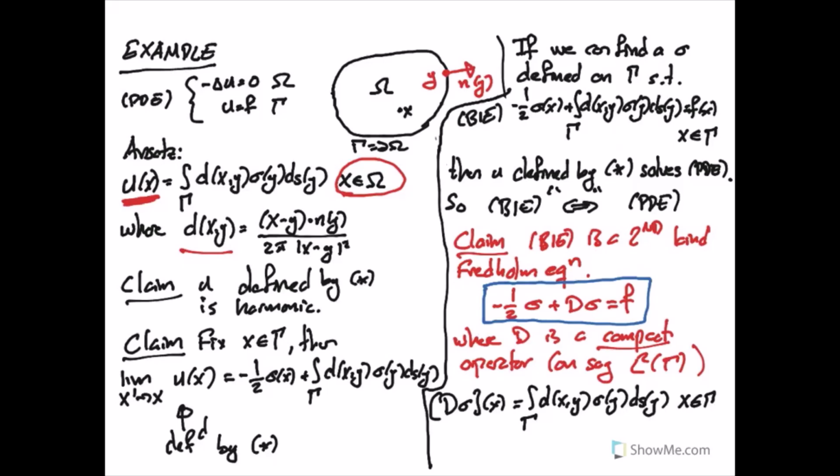And when you discretize this and you get some matrix system, some linear system B sigma equal to F, then the condition number of B converges as you refine the mesh. So as you use finer and finer spatial discretization, the condition number of B turns out to converge to the condition number of this equation, because the continuum equation has a finite condition number in this case.